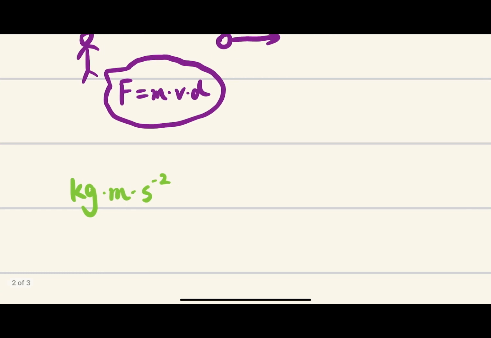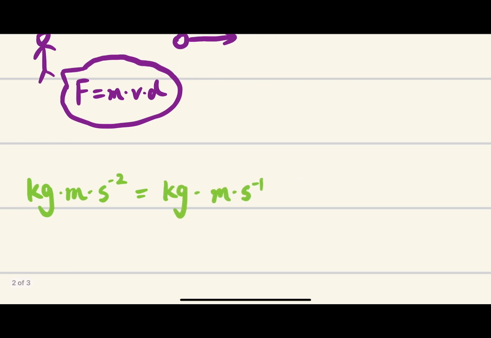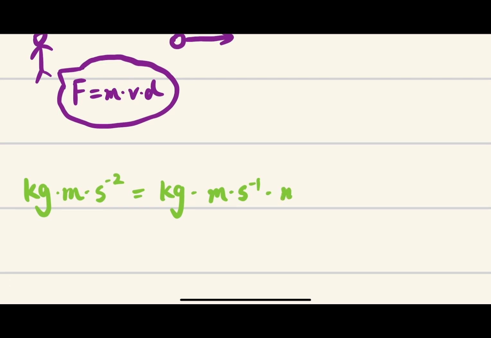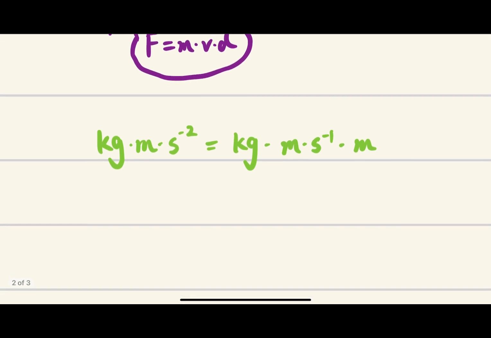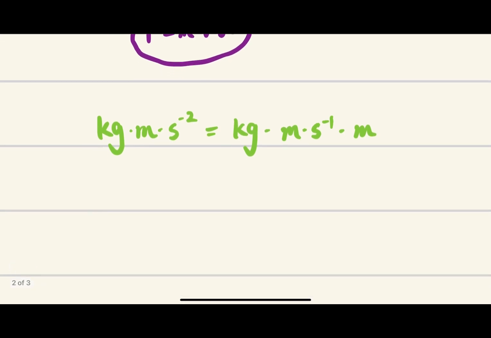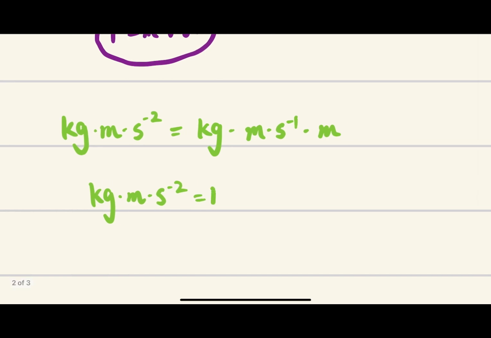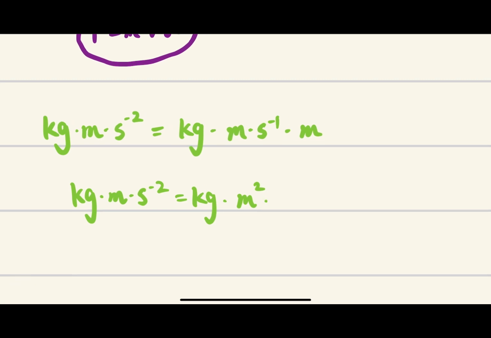On the right side, the mass is kg, velocity is meters per second, and the displacement is just meters, so that gives kg times meters squared per second.